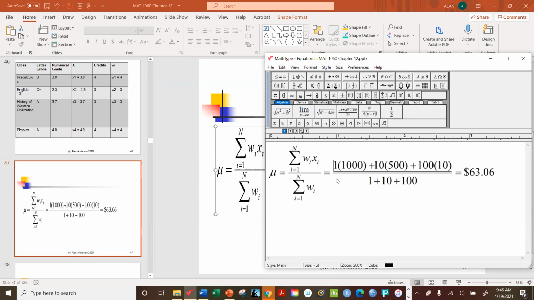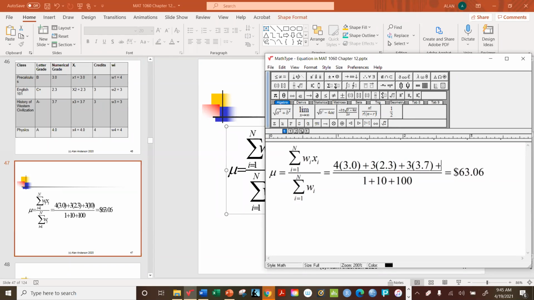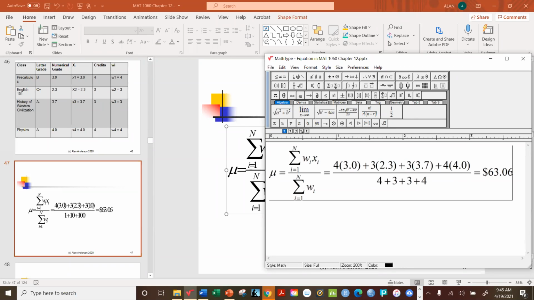So I'll have the weight of the first class is 4 credits, and that's the B that I got in pre-calc. The next class is 3 credits, and that's where I got a 2.3 in English 101. Then I have another 3 credit class where I got an A minus in Western Civilization. And then I have 4 credits in my physics class. Down here, the weights are the credits, so I'll just have 4 plus 3 plus 3 plus 4.